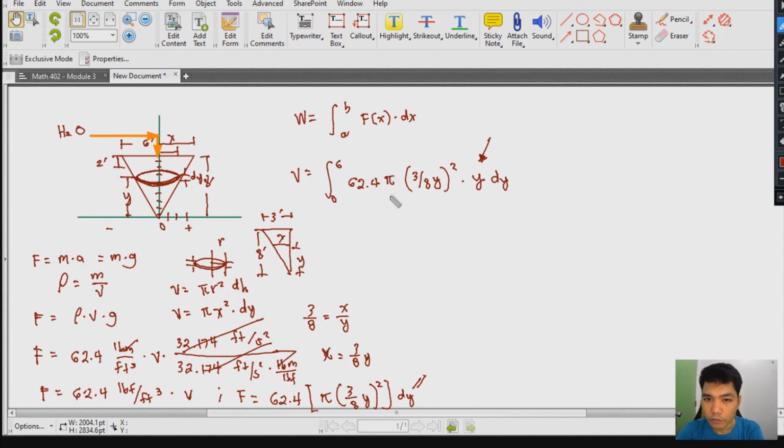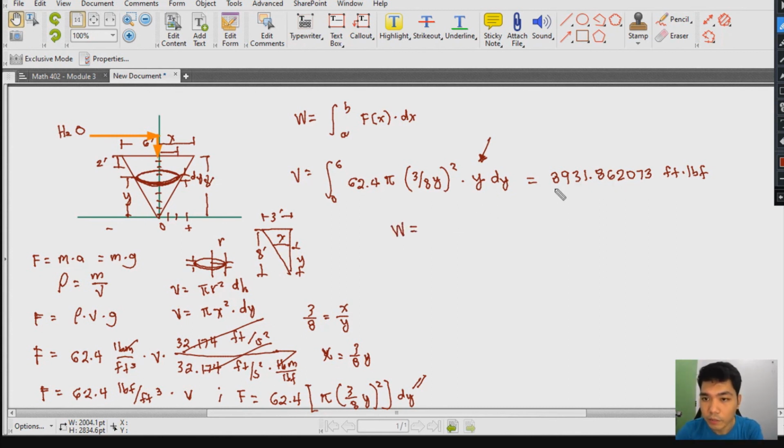Okay, so I will not show how to integrate it. This is equal to 8,931.862,073, in terms of foot-pound force. But remember, we have to determine the value of our work in terms of British thermal units.